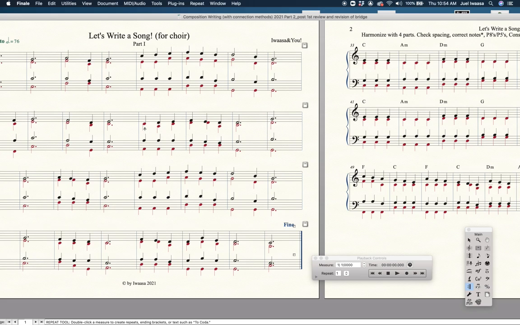I really like, let's see, let's get into here. I like that. It's a nice stable note, and then jump down. That feels really good.